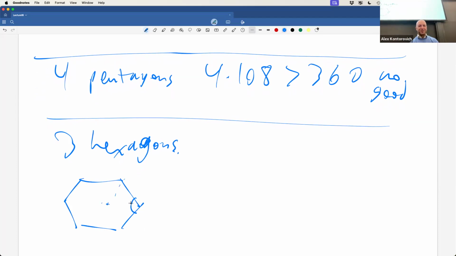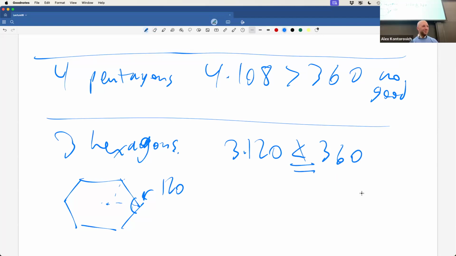There's an equilateral triangle in the middle here. This is 60, that's 60. That whole angle is 120. 3 times 120 is less than 360. No, it isn't. It's equal to 360. So what will happen if you start putting 3 hexagons together? It's going to be flat. You're going to tile the plane.